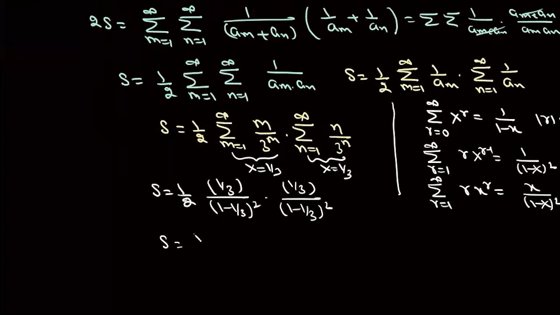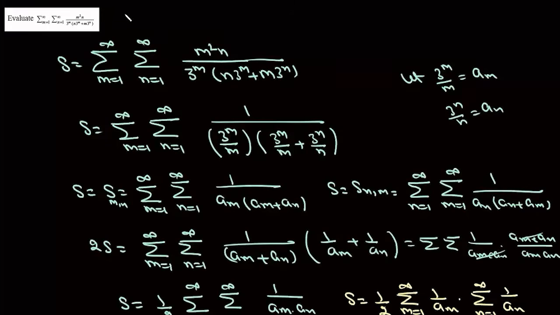So this sum will be 1 by 2, 1 by 9 upon 4 by 9, into 4 by 9. Now this 9 will cancel, so it will be 9 upon 32. So the sum of this series is 9 upon 32, and that is the answer to this question.